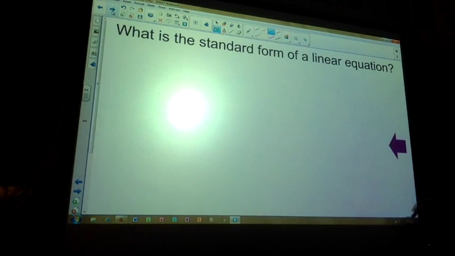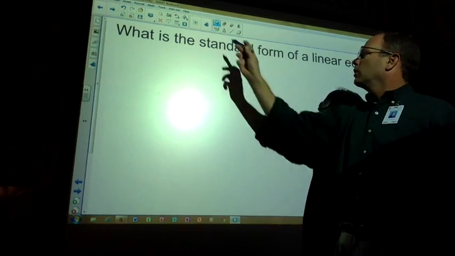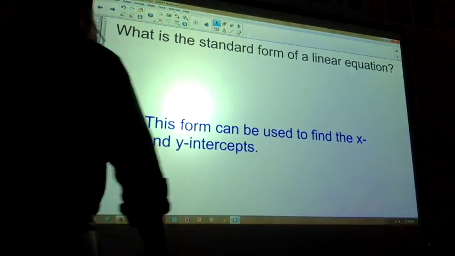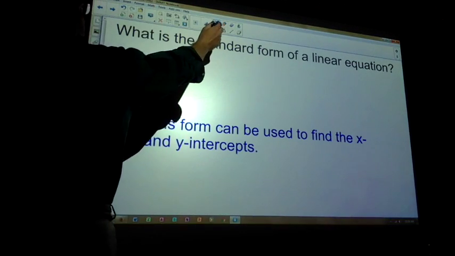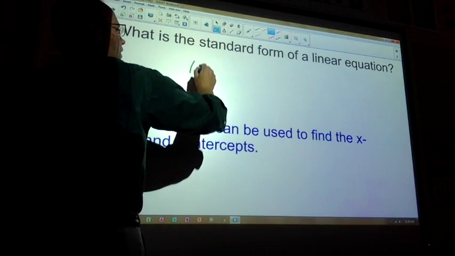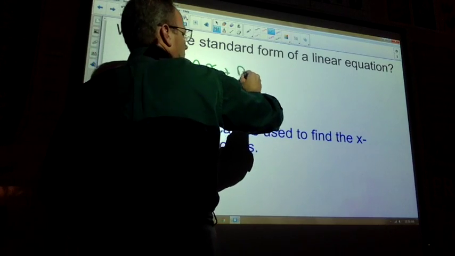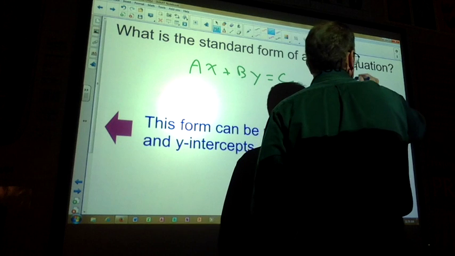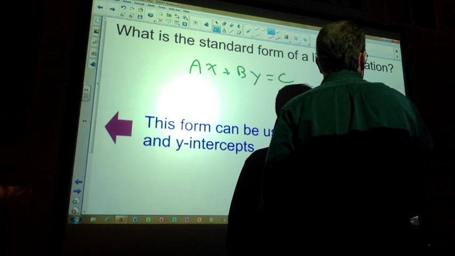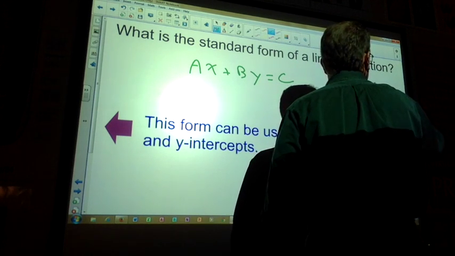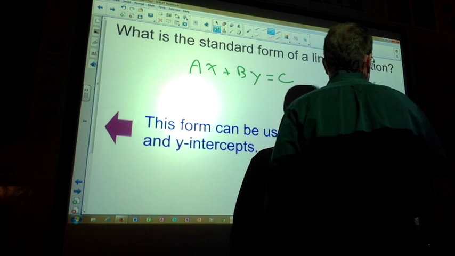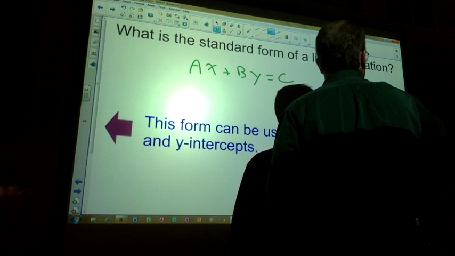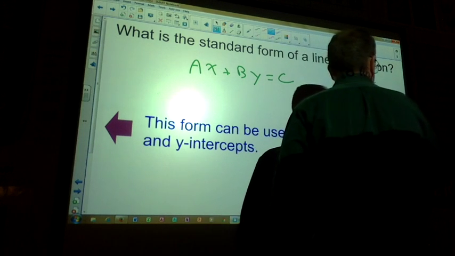What is the standard form of a linear equation? This form can be used to find the x and the y-intercepts. Standard form is ax plus by equals c, with whole numbers, not fractions or decimals.